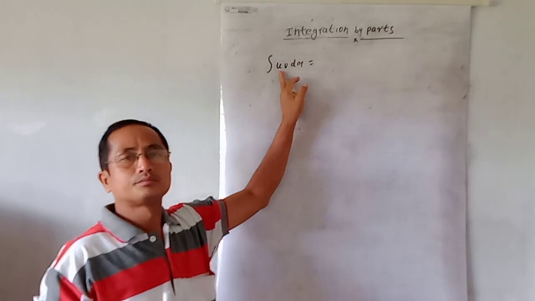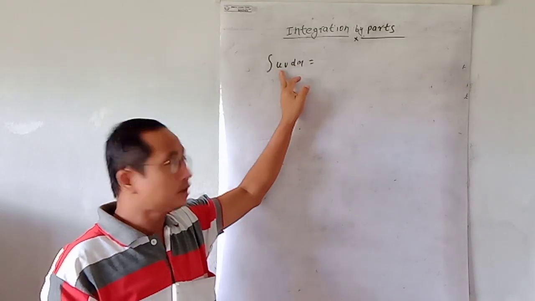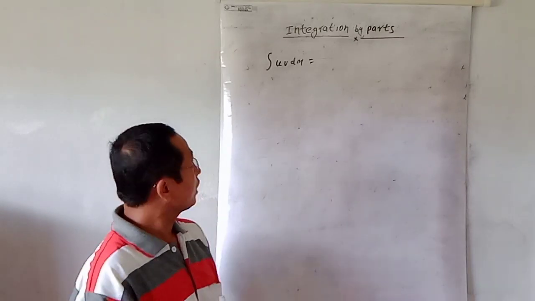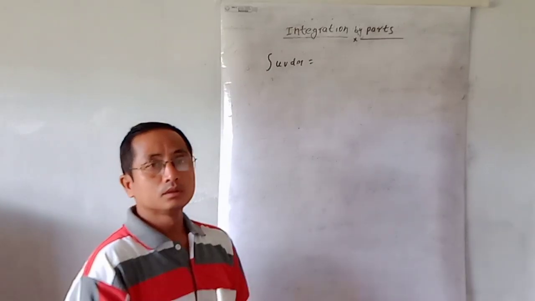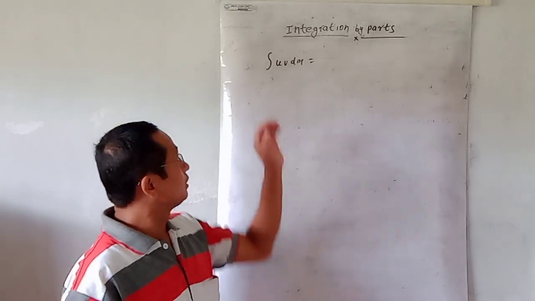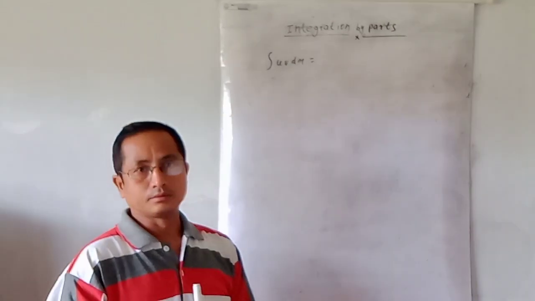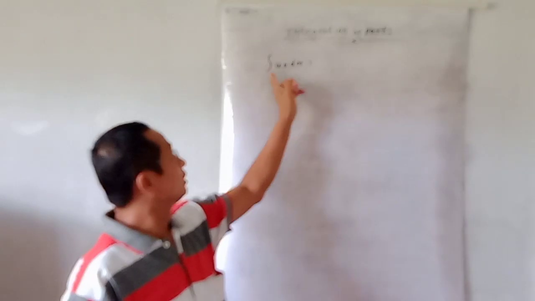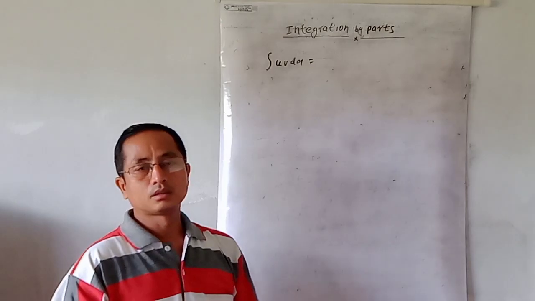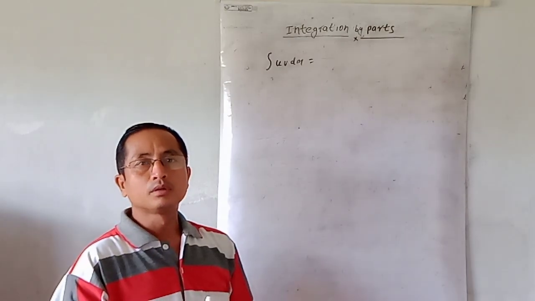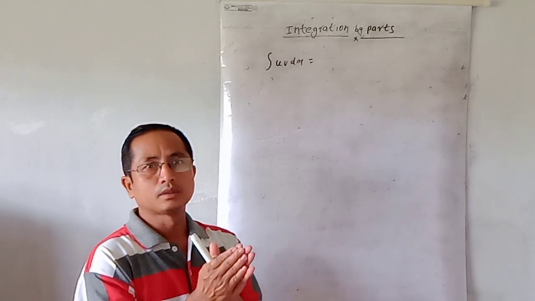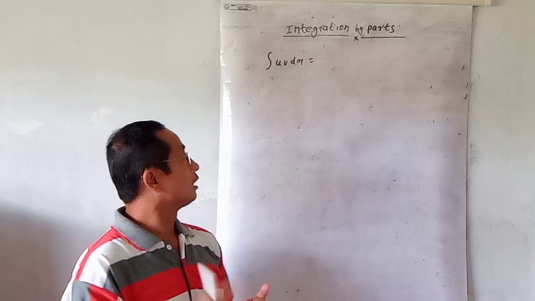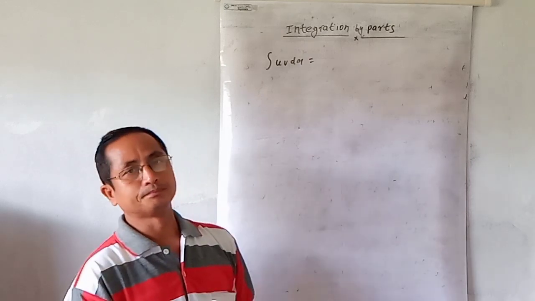U is one function, v is another function, and you have to integrate u into v dx. I mean when the function is in the product form, I said u into v, where u is one function and v is another function.